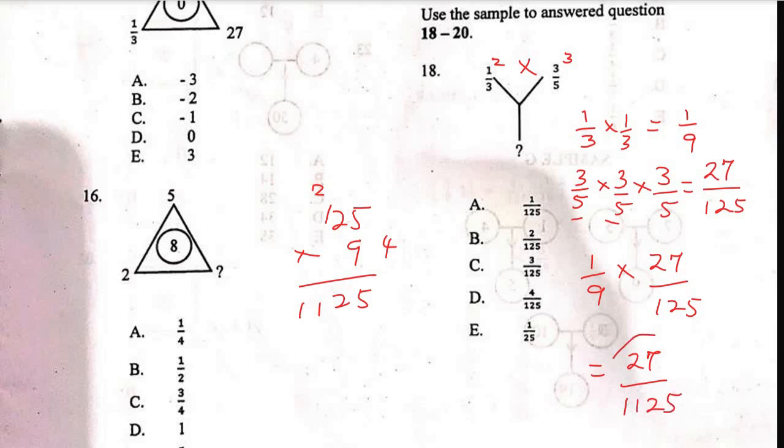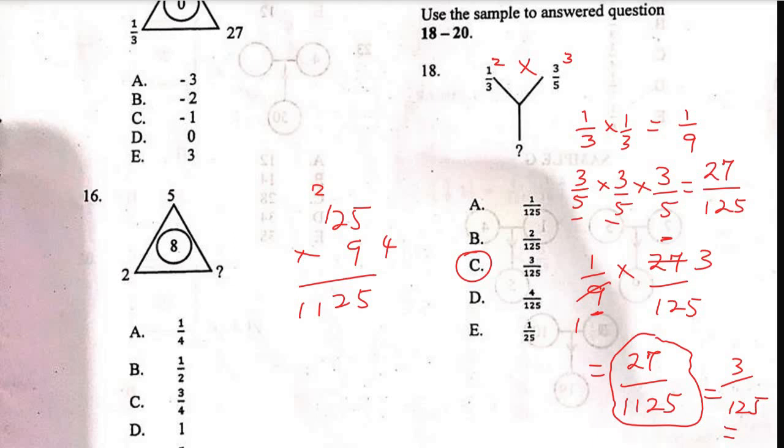Then we can now reduce this to the lowest term. If I choose not to go this way, I can just divide 27 and 9 together. That's a shorter way, but I just also want to show you this way. So 9 here, 1. 9 into 27 is 3. 3 out of 125 is the answer, which is option C. If you reduce 27 and 125, you're also going to get 3 out of 125. Is that okay? So the right answer is C.